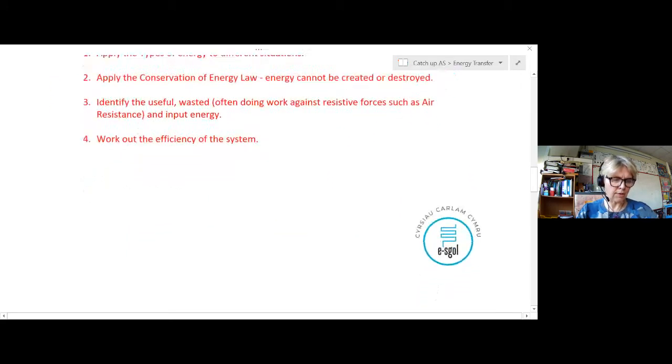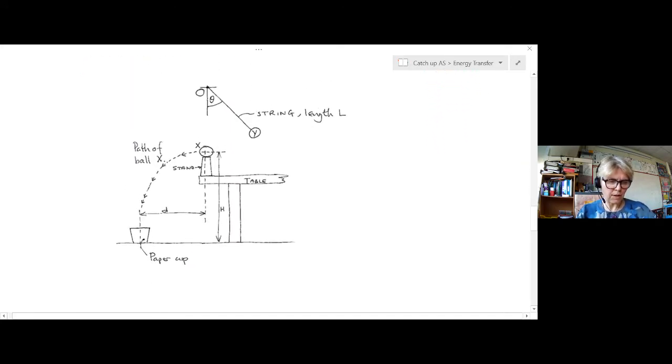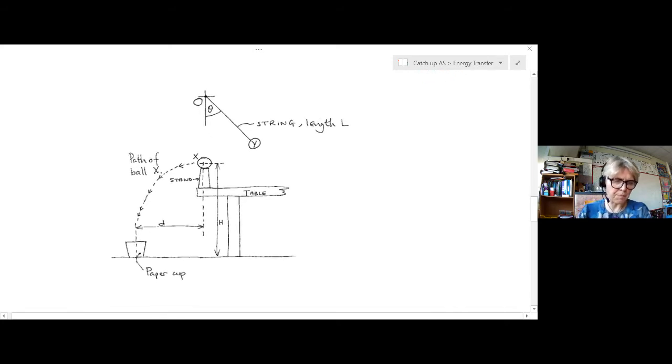All right, let's have a look. I'm going to apply this to a certain situation. Here we have a ball, Y, and we're going to pull it away at an angle, theta, to the vertical and release it in order to hit a ball X on the top of a paper cup, and it's going to fly hopefully into another paper cup set on the floor.